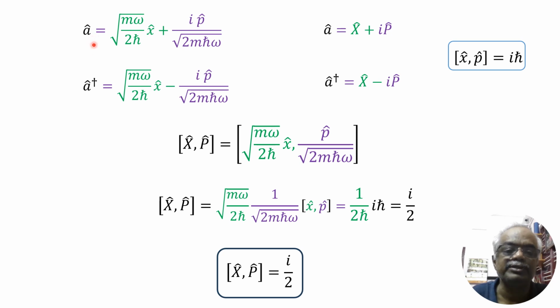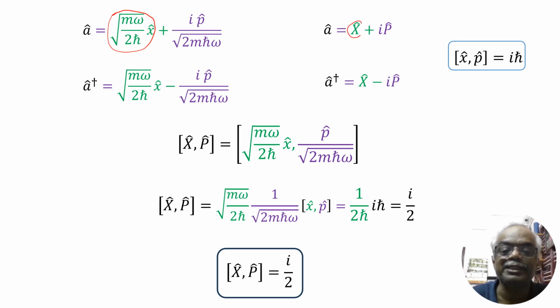Now we have seen that a hat, that is the annihilation operator, is square root of m omega over 2h cross x hat plus i p hat over square root of 2m h cross omega. Now what I am going to do is this: you keep this thing as capital X hat.